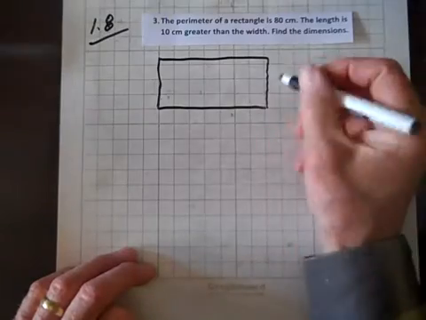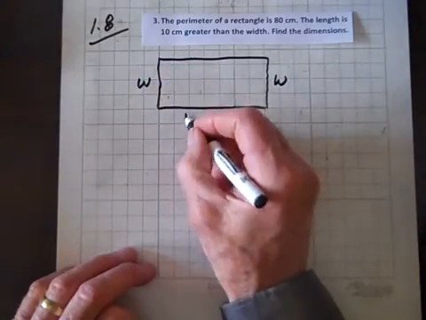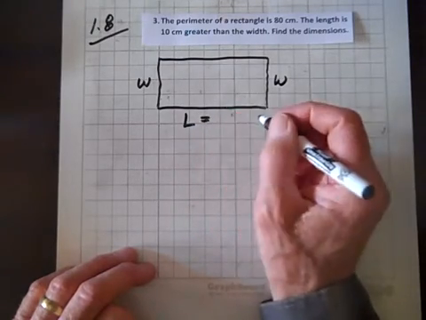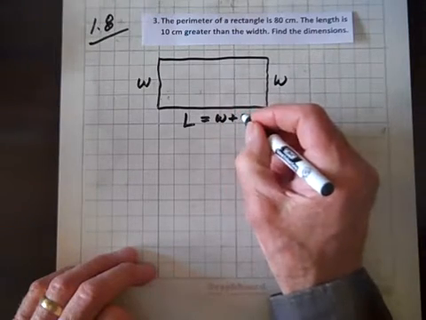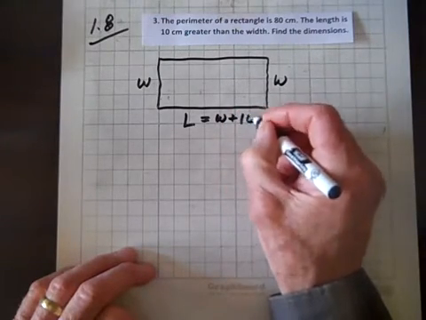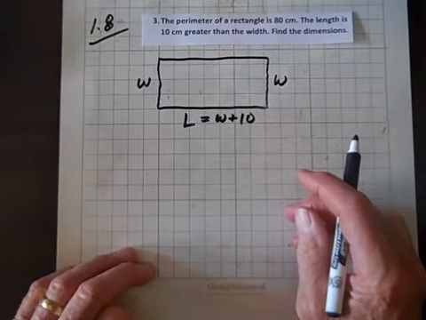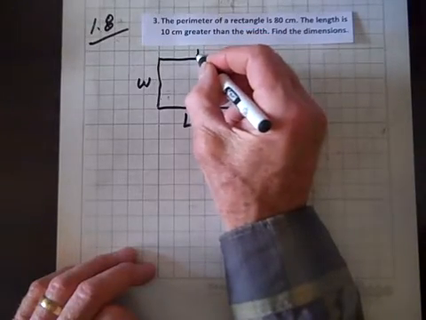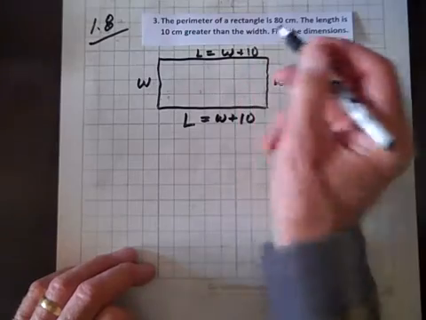That'll be better. So w, and the length is 10 more than the width. So the length equals w plus 10. So L equals W plus 10.